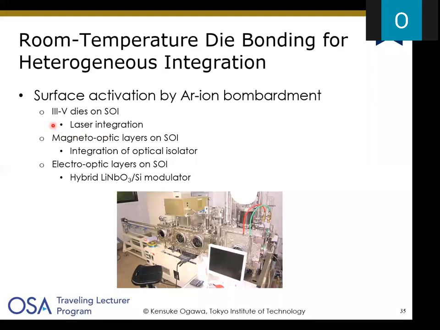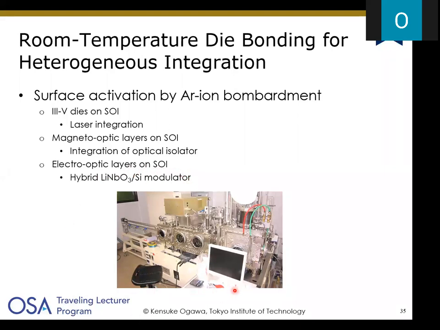And this die bonding scheme is used for integration of other devices, like magneto-optic layers, to generate magneto-optical devices such as magneto-optic memories or magneto-optic isolators. Die bonding is also used for integration of electro-optic layers such as lithium niobate on SOI.